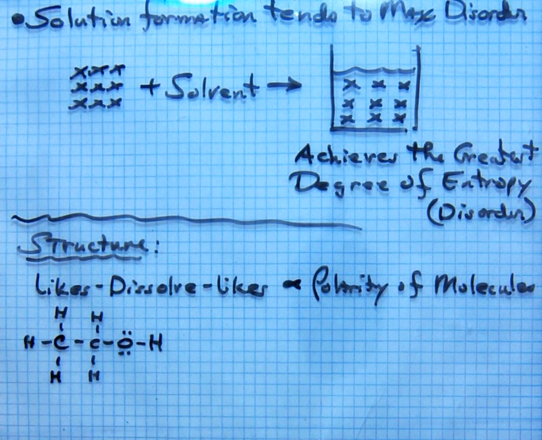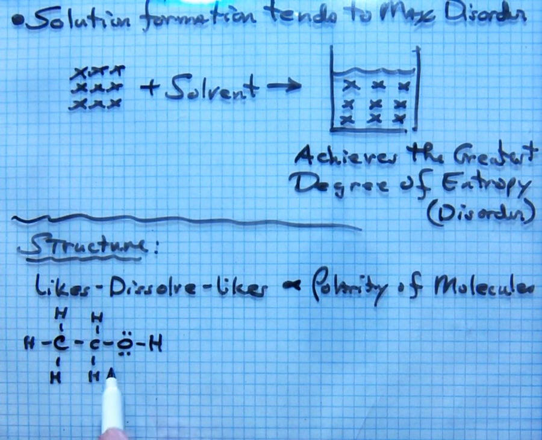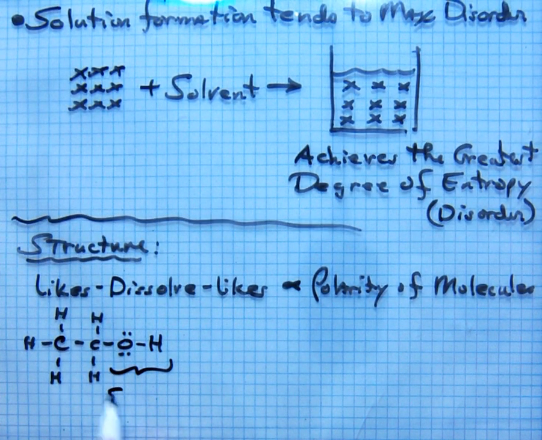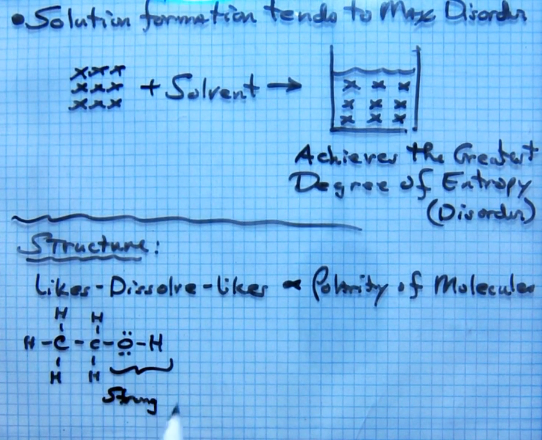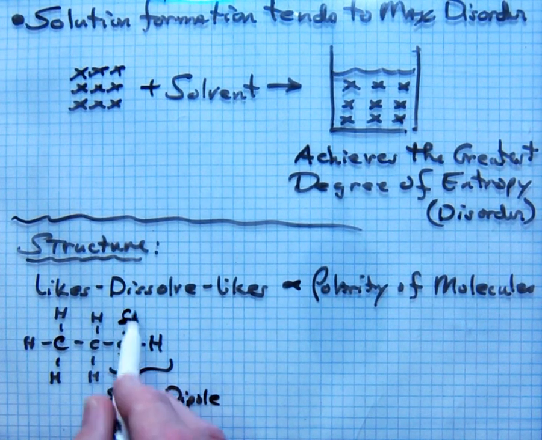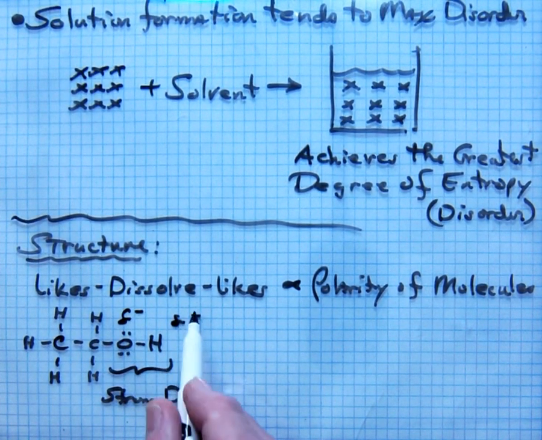Well, when you see an OH structure, as we talked about last class about polar molecules and hydrogen bonding, this is a very strong polar structure, or dipole, in that it has a negative and a positive end.